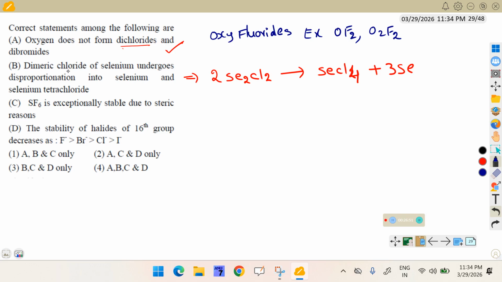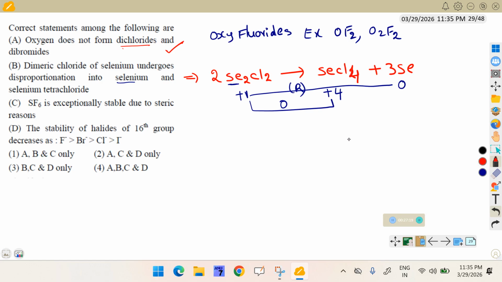Dimeric chloride of selenium undergoes disproportionation into selenium and selenium tetrachloride. Correct. This is a disproportionation reaction. Here selenium is in plus 1 oxidation state, here selenium is in plus 4 oxidation state, here 0. The same element undergoes oxidation as well as reduction, so this is considered a disproportionation reaction.